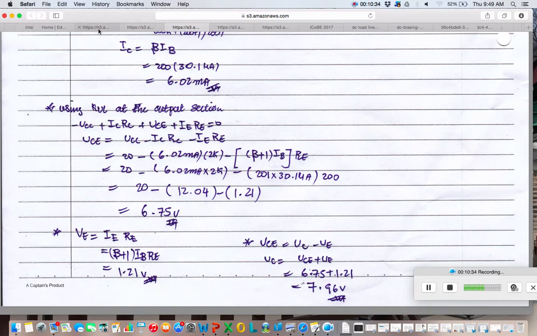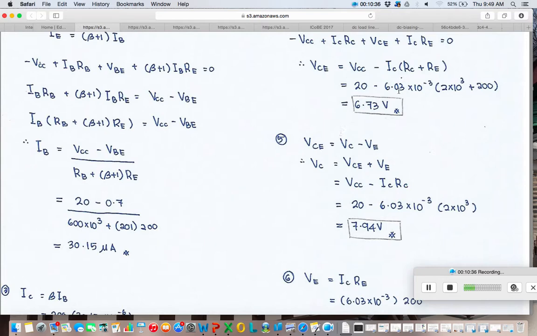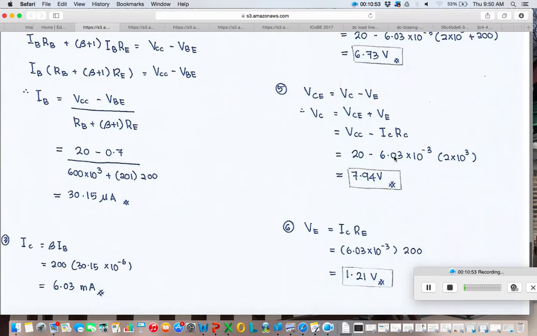But again, if you combine it, because they share the same current IC for RC and RE, you can combine it, so you'll get the result as accurate as in the book or in the module. Next, you calculate the VC, very easy.